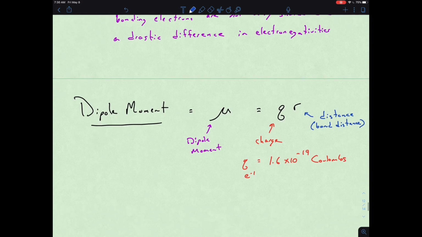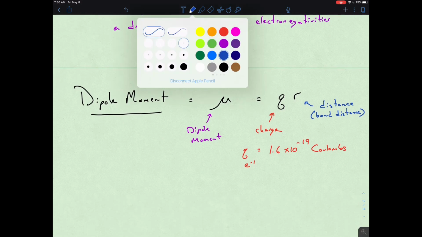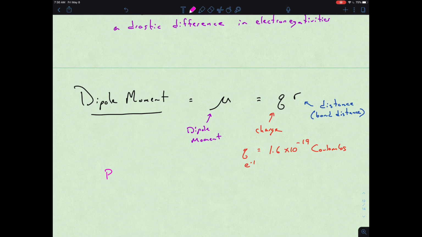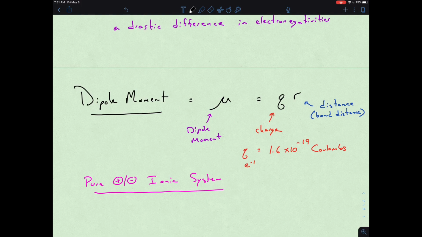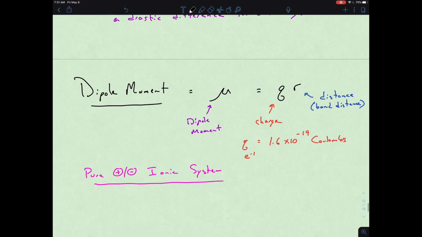So if we were looking at a pure plus, minus, or pure ionic system, right? Mu would be equal to Q times R.